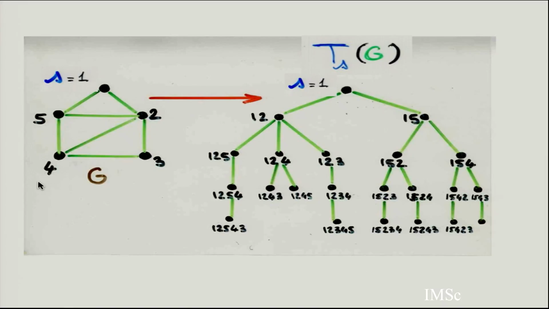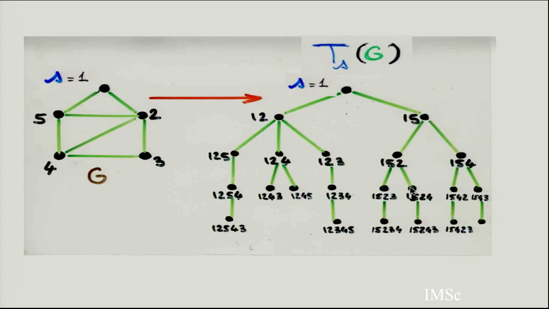See, for example, for this graph, we have seen the acyclic orientation of this graph, but here is a T_S of G for S equal 1. So you have self-avoiding walks, you see. So, for example, if I go from 1 to 5, now I go 1, 5, 2, which means I am going here. 1, 5, 2, 4. So if you take a self-avoiding walk in the graph, you are going back down in the tree. At each step of your graph, you have different choices to go if you continue not going backward.